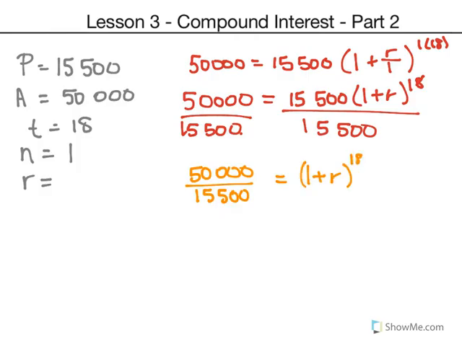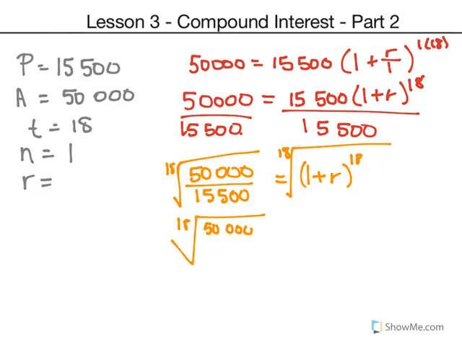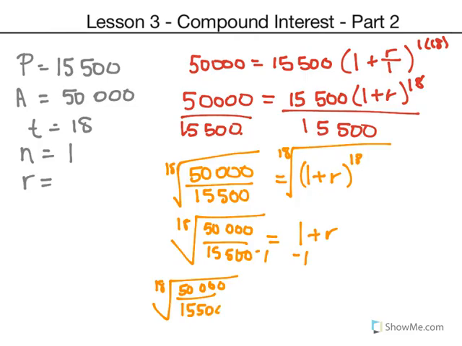Now we have to take that number to the 18th root. So we have the 18th root of 50,000 over 15,500 is equal to 1 plus r, and then we have to subtract 1, and we're done. So we take the 18th root of 50,000 divided by 15,500, minus 1, and you should get r.